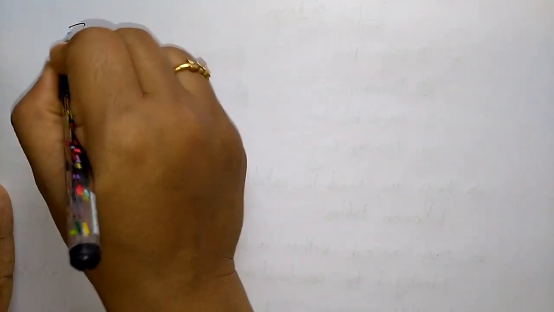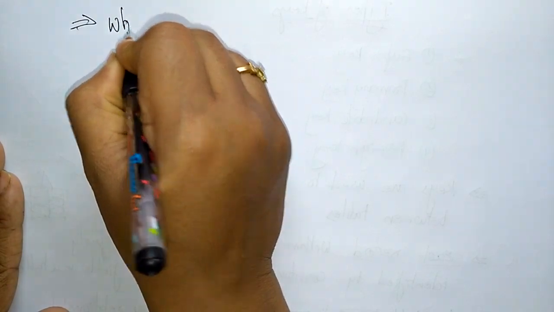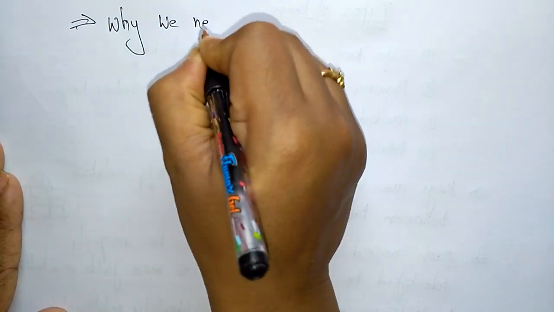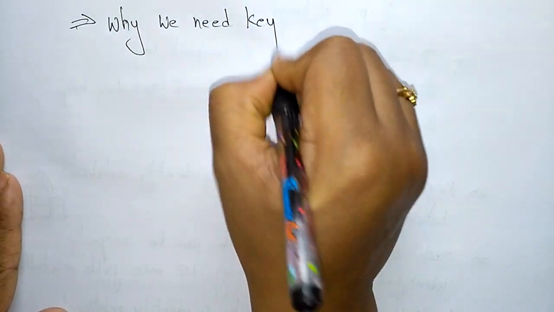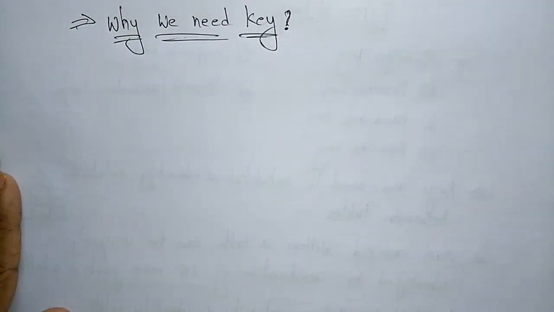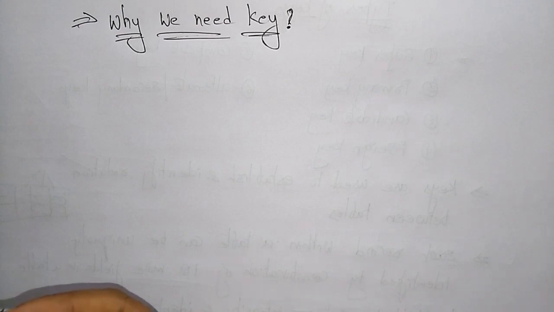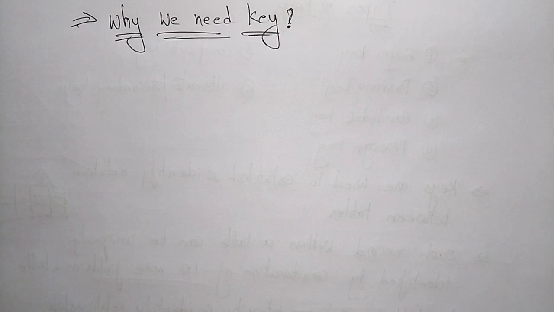So I have seen the uses of keys. But actually, is it necessary to create a key for every table? Why do we need keys? In a real world application, you have so many applications going on. If you take any real world application, the number of tables required to store data is huge.